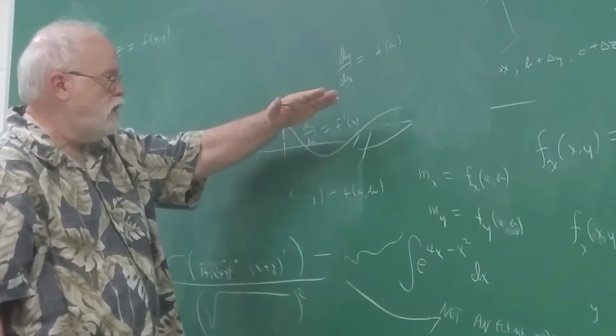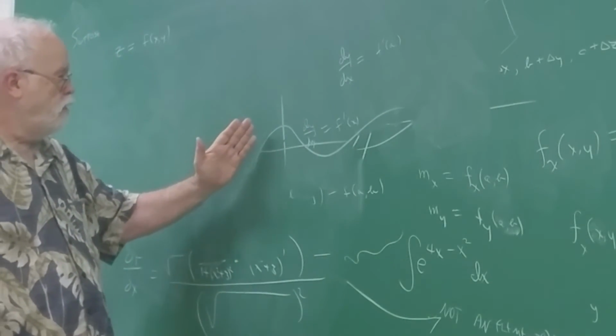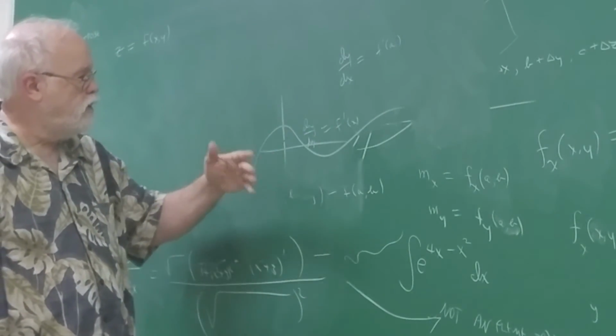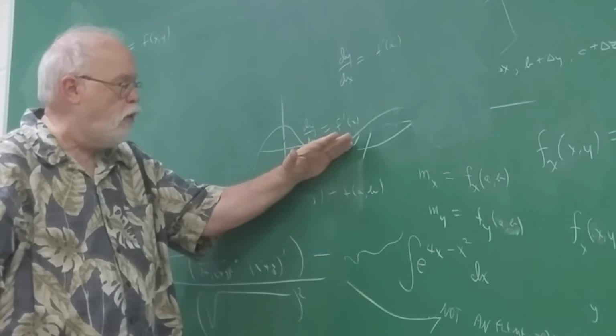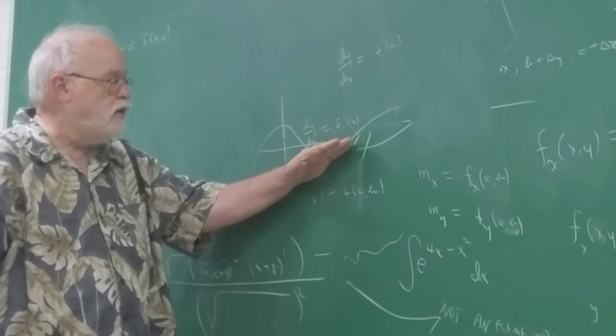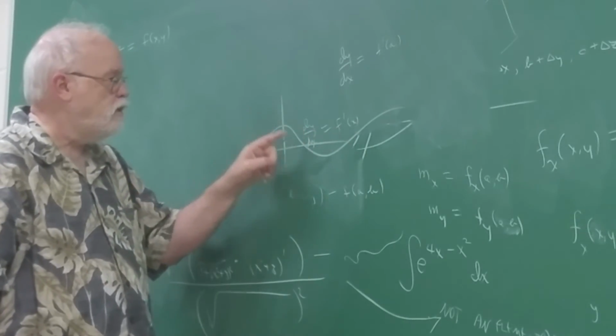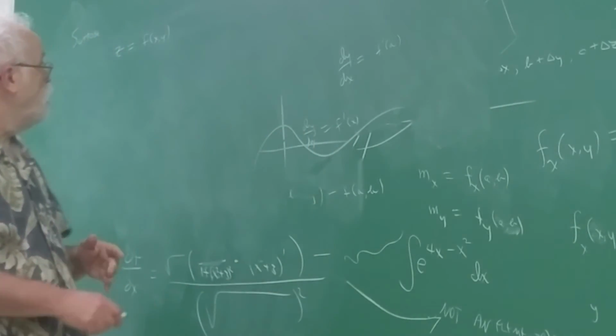Who moved my cheese? Right? So when I move around here, the slope changes, dy dx changes, and so it's not f prime of just one point, but it's f prime of something. So that's what I want to do.